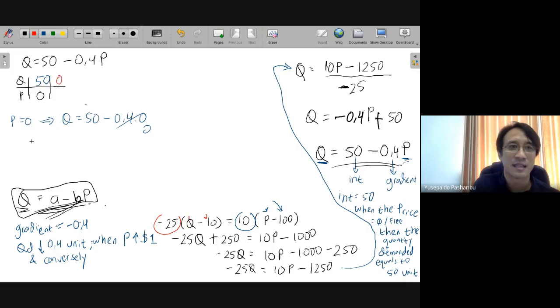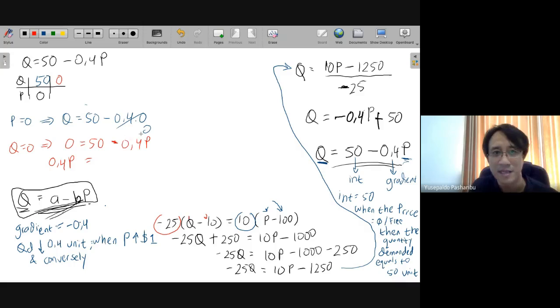Then if the q equals to 0, then 0 equals to 50 minus 0.4p. So to make you not confused, I try to write this complete number. Minus becomes positive on the left side, equals to 50.